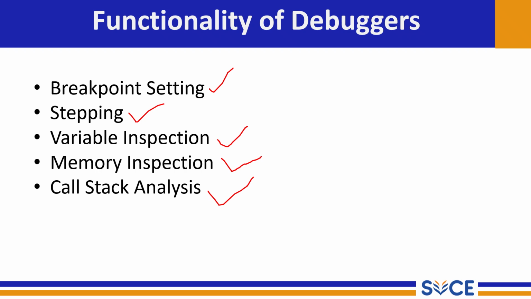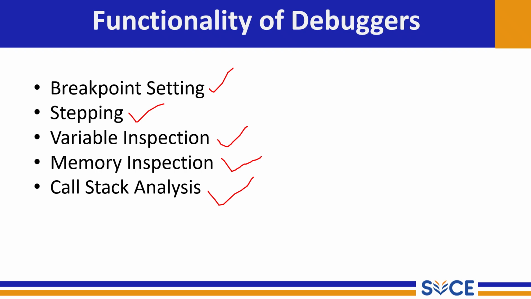And next, call stack analysis allows the user to trace the sequence of function calls that led to the current point of execution. And another one, conditional breakpoints, allows the user to set breakpoints that are triggered only when certain conditions are met. Okay. The use cases: it's essential for finding and fixing bugs, identifying and correcting errors in the software code.